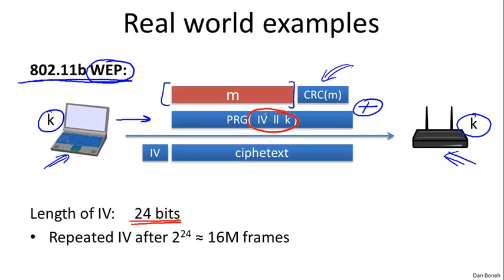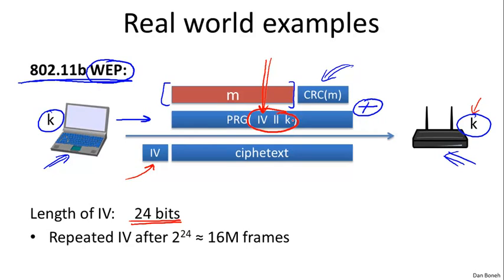The way they changed the key was by prepending this IV to it. Notice this IV changes on every packet, incrementing by 1 each time. The IV is then sent in the clear along with the ciphertext. So the recipient knows the key K and the IV, and can rederive the PRG of IV concatenated with K, and then decrypt the ciphertext to recover the original message M.